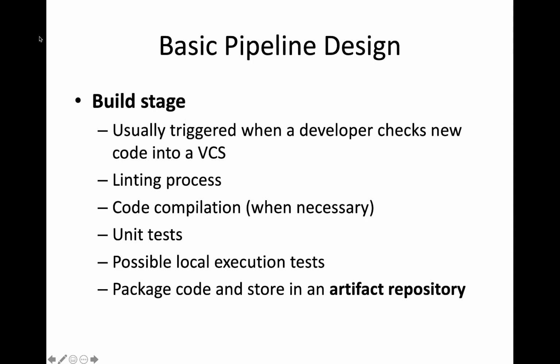And then they will commit their code into a version control repository like Git, and they'll push that code into the centralized Git repository that's hosted in a location like GitHub or CodeCommit. And when they commit their code, push it up to the centralized repository and create a pull request, that will then trigger the build stage in the pipeline.